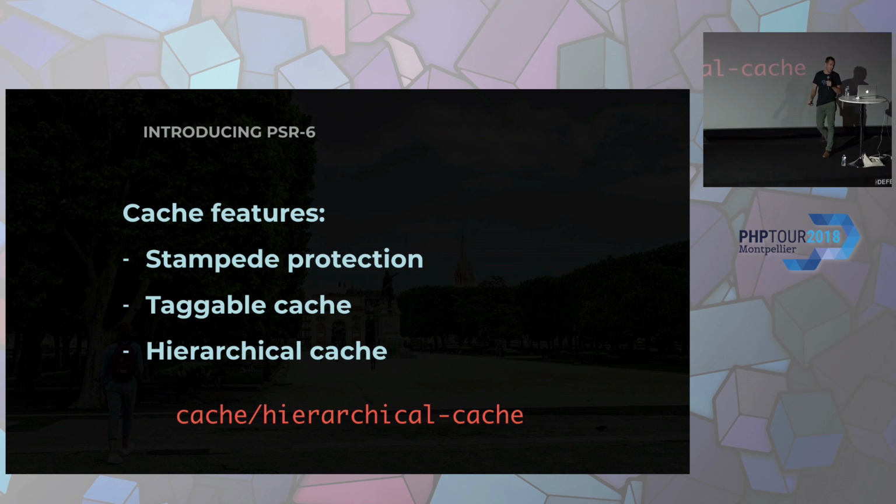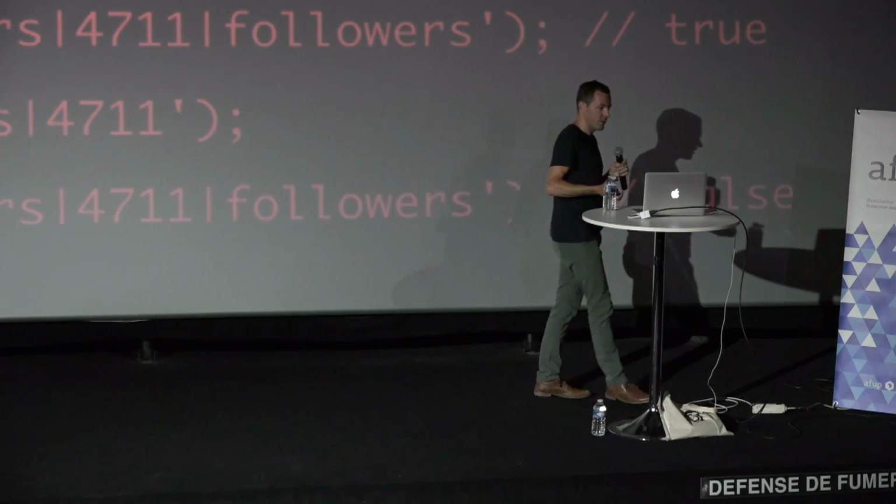And then there's hierarchical cache, implemented by the library cache/hierarchical-cache, and that allows you to set a key which has multiple levels.